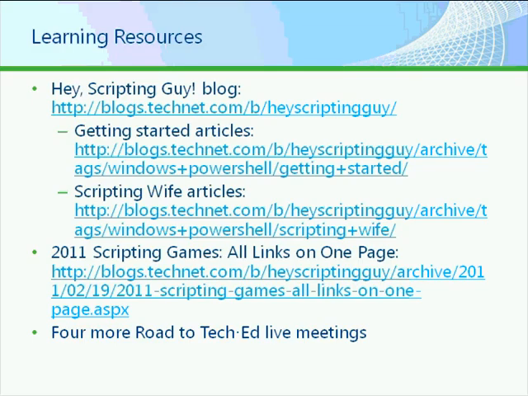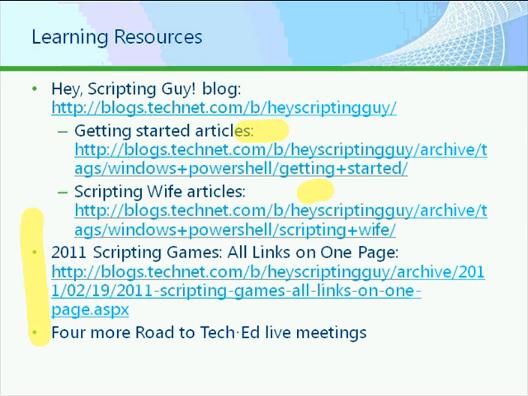So, resources that we've got. Coming back over here, the Scripting Guy blog, you definitely want to pay attention to that. The Getting Started articles and the Scripting Life articles, we've pointed to those. The 2011 scripting games start next week. These are linked directly from the Script Center pages, and you would want to participate in those.